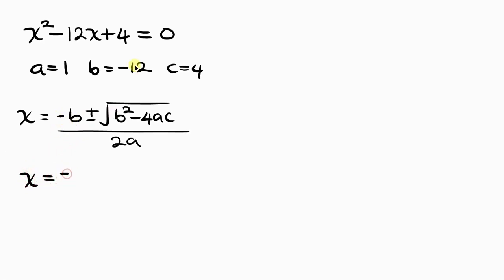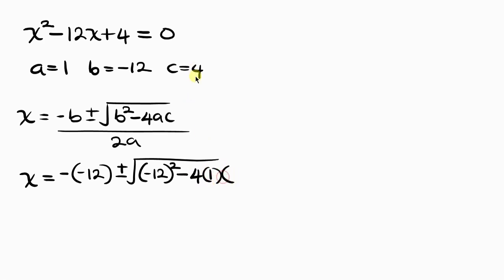So negative b is negative 12. Then plus or minus the square root of b squared, that's negative 12 squared, minus 4ac, that's 4 times a is 1, and c is 4, all over 2a, that's 2 times 1.